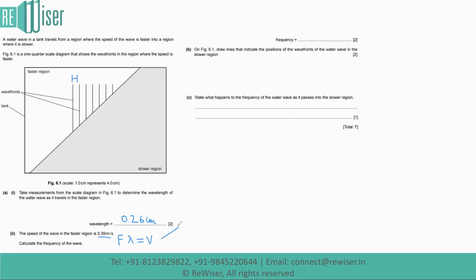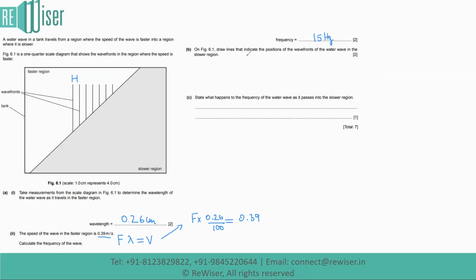We can go ahead with the following substitutions. f into the wavelength, which is 0.26 divided by 100, is equal to 0.39. Simplifying, we get the value of frequency to be approximately 15 Hertz.